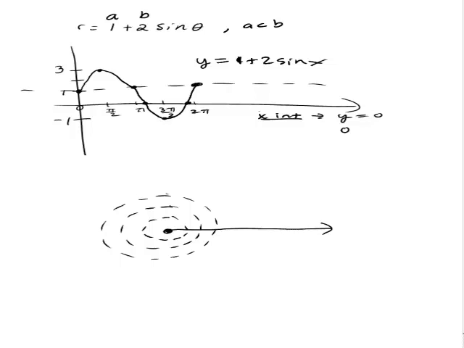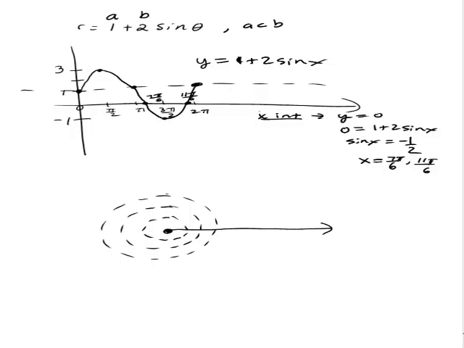We have 0 equals 1 plus 2 sine x, and so that's when sine x is equal to negative 1/2. And this is when x is equal to, now we're looking just between 0 and 2 pi, it's negative 1/2 when we're in quadrant 3, and that's 7 pi over 6, and in quadrant 4, 11 pi over 6. So these two points here, this is 7 pi over 6, and this tick mark here is 11 pi over 6.